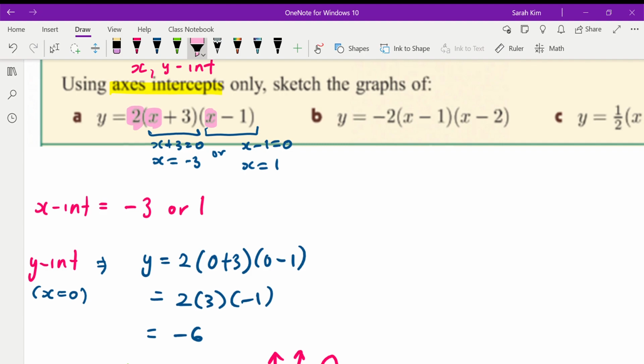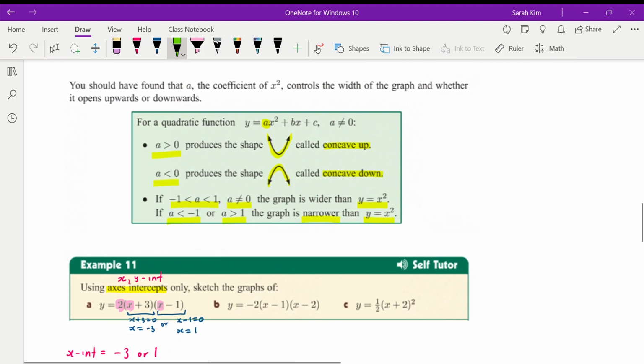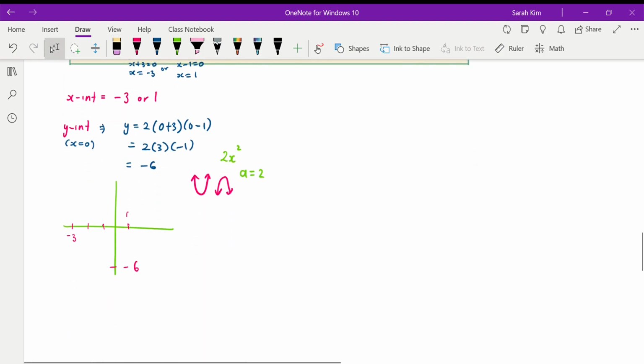It'll be 2x squared. So I don't even have to actually expand it all. So 2x squared is going to be my coefficient for the x squared, so a must be 2, meaning if I go back to my notes, it's going to be this dot point over here. A is greater than 0, so it's going to be giving me a concave up. So it's going to be this option over here.